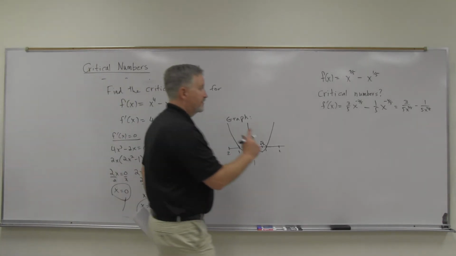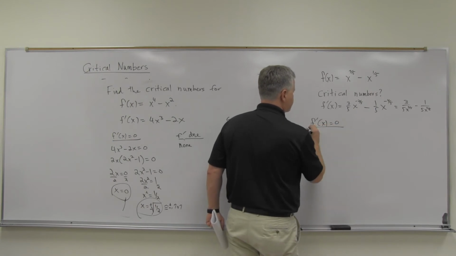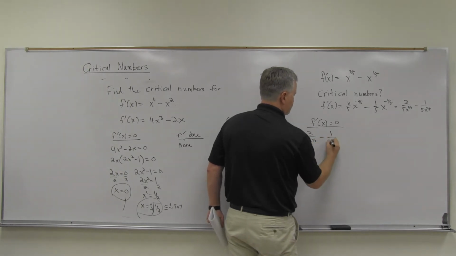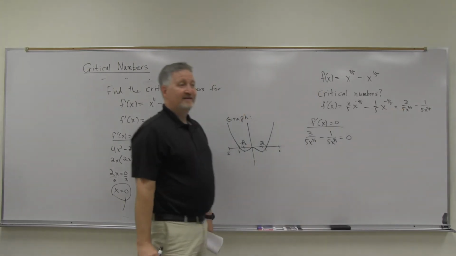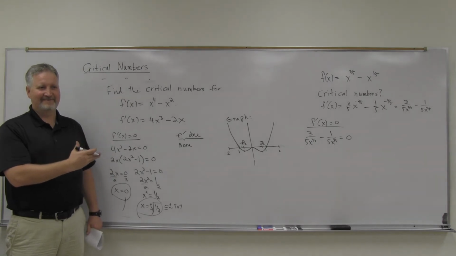Now, the critical numbers here, all right, so we've got to do f prime of x equals 0. So we're going to set that in that form equal to 0. This is one of the reasons for doing that, because it makes this solving easier. We probably haven't solved a whole lot of those types of equations.